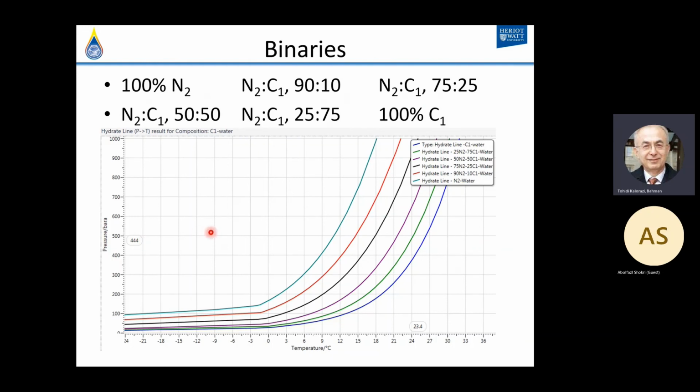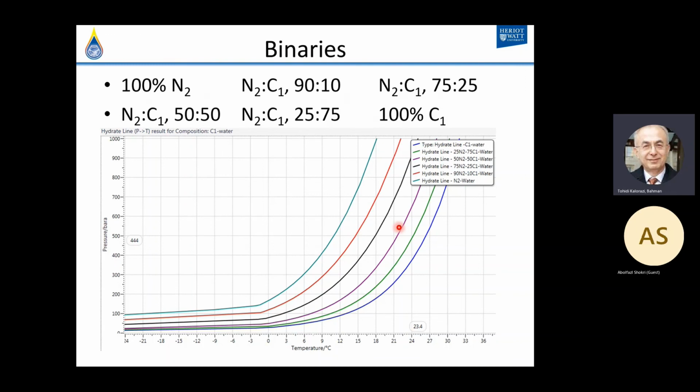This is pure nitrogen, with nitrogen and water, and here is pure methane. When you have different compositions, you can see that as we increase the amount of nitrogen, the hydrate curve shifts to the left.